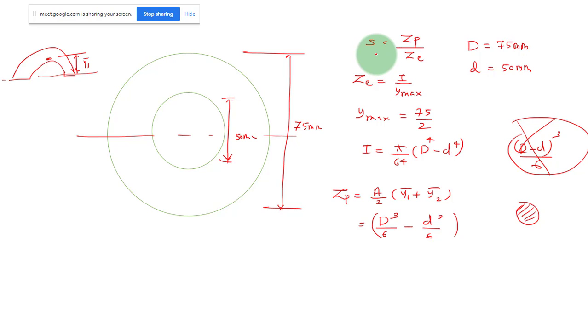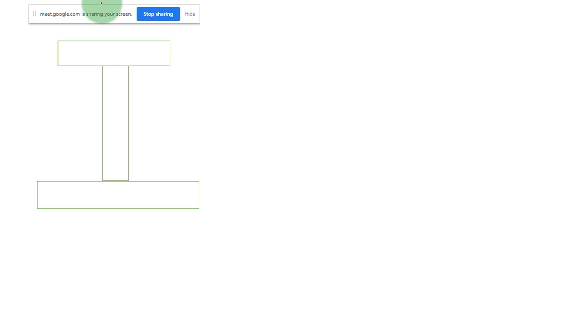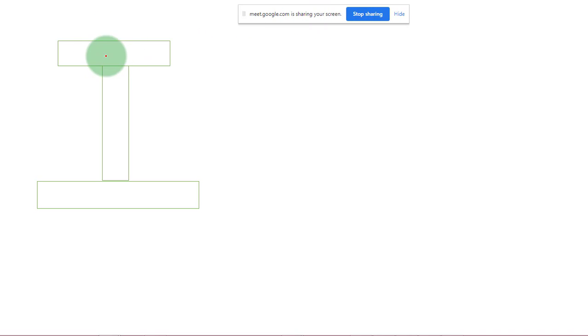And this one also you do. I will give you one more question for practice. All you have to do is locate the centroid and find the moment of inertia, so I am not doing all those basic calculations. You can do your own for practice. Let us say this is 120 millimeter and this side is 150 millimeter, and maybe the total depth is 500 millimeter.